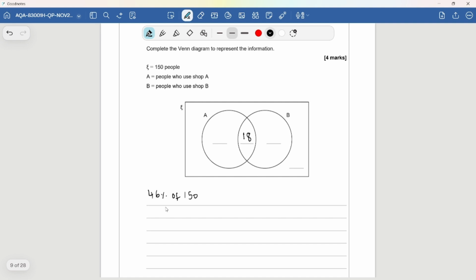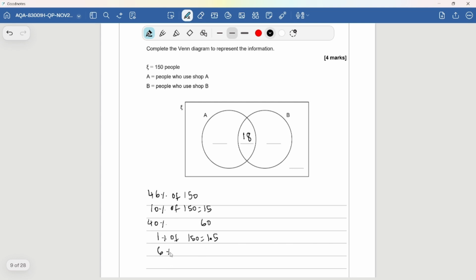So we can go with maybe 10%. What's 10% of 150? 10% of 150 is 15. So 40% will be 15 times 4, which is 60. And to get 46%, I can find 1% of 150, which is 1.5.